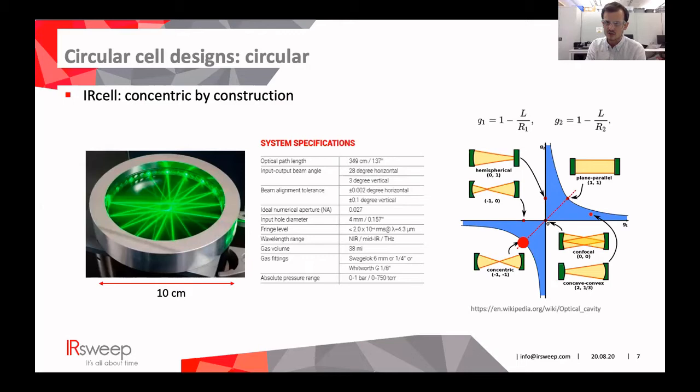So any deviation from a perfect shape or a perfect beam will amplify and propagate through the cell, which makes it difficult to align if you have any instability around.